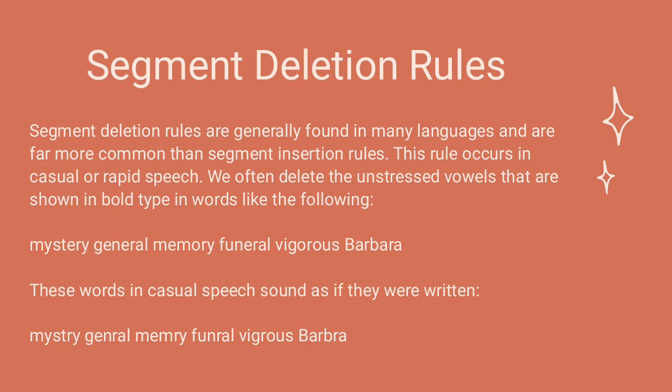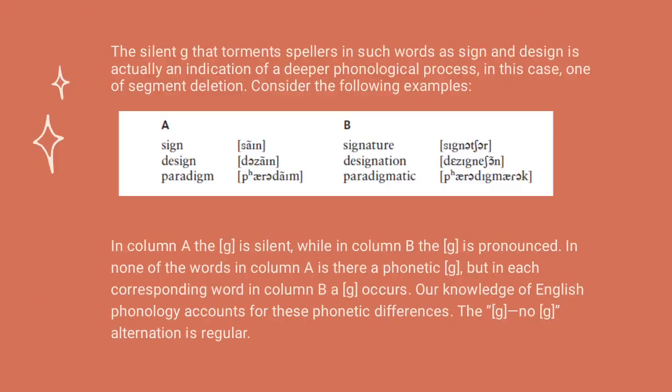Consider the following examples. So, there are two parts, part A and part B. As you can see in part A, there's a silent g. So, for example, the first one is sign.